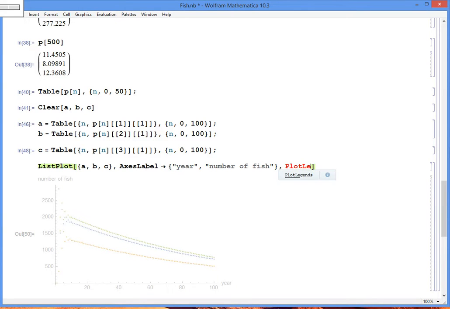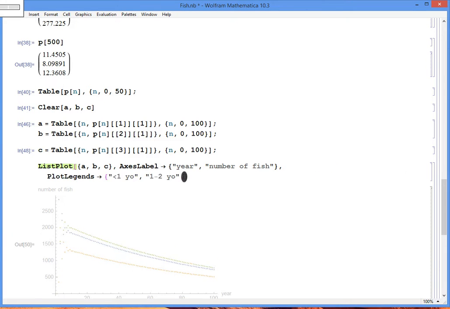So PlotLegends, and we're going to do this in the same order that we listed these variables. So the first item in here was less than 1 year old, and then we had 1 to 2 year old, and then 2+ year old. Close our list, and let's check this out.